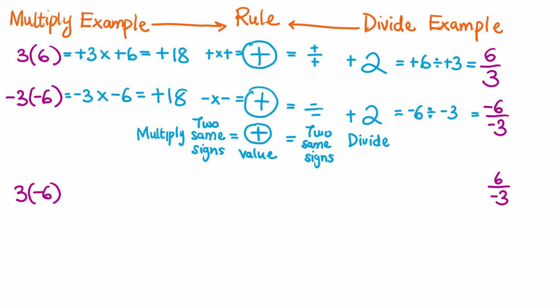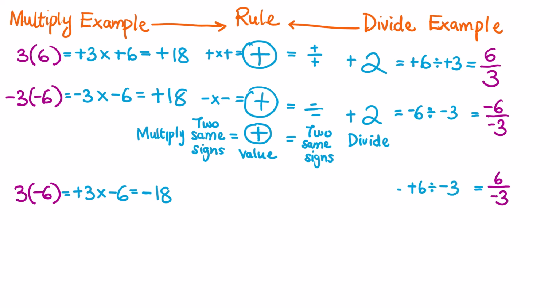Next example involves 3 parentheses negative 6. This means that we're multiplying a positive value of 3 by a negative 6, and that gives us positive times negative gives you a negative, and 3 times 6 gives you 18. And on the other side here for division, this here is equal to a positive value of 6 divided by negative 3.